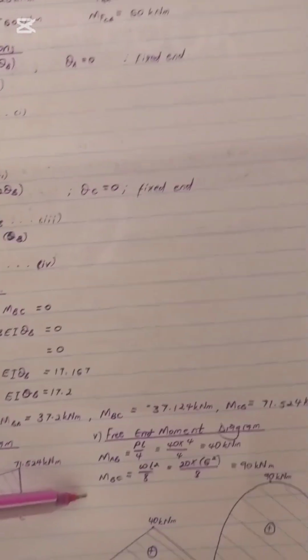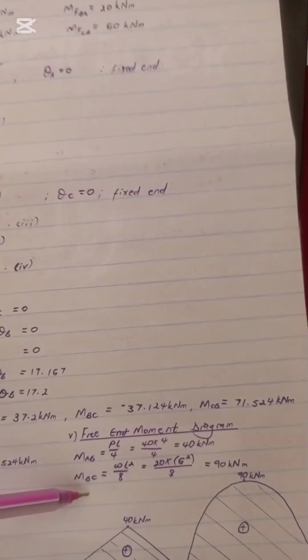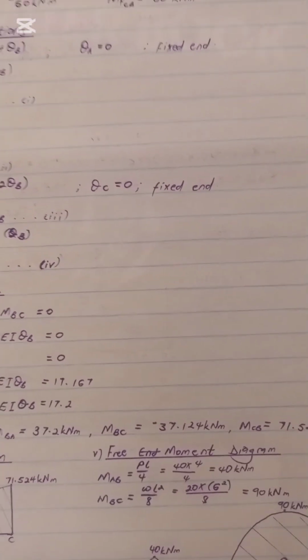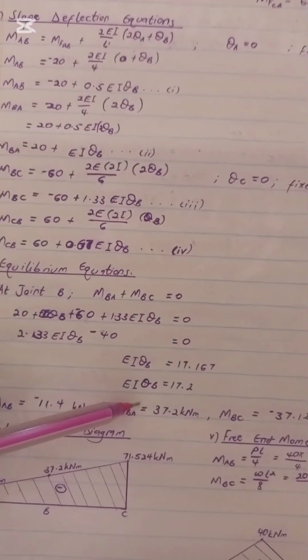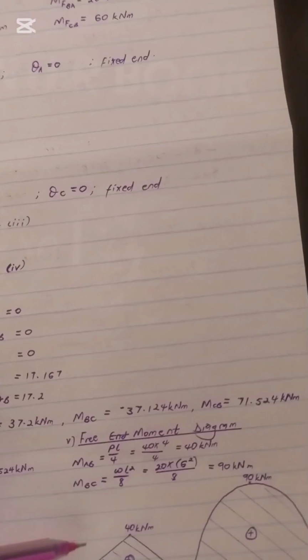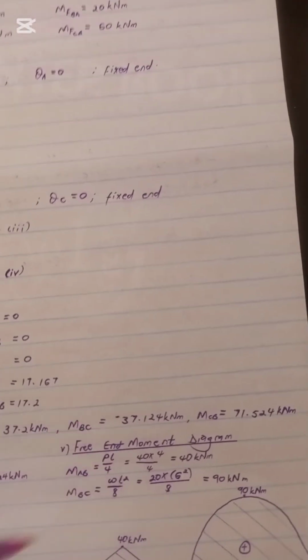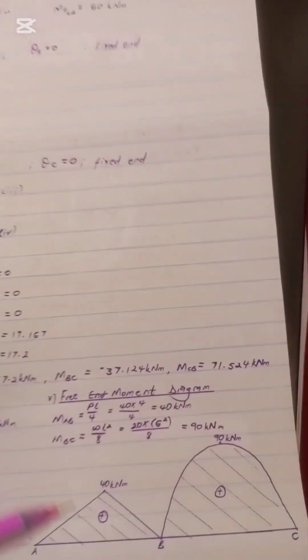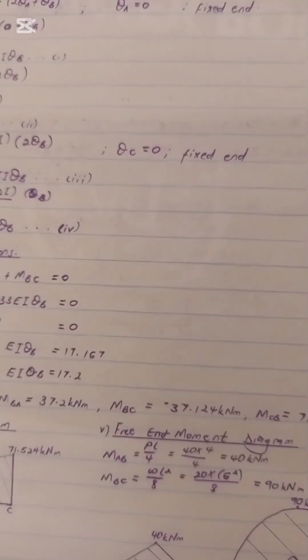You should draw it, and after drawing it, you also calculate the free moment. You should also plot the free moment diagram, because these values that you found after the equilibrium equations can easily be used in the end moment diagram, and you can also calculate the free moment diagram values and plot it. Thus you're going to save time, right?